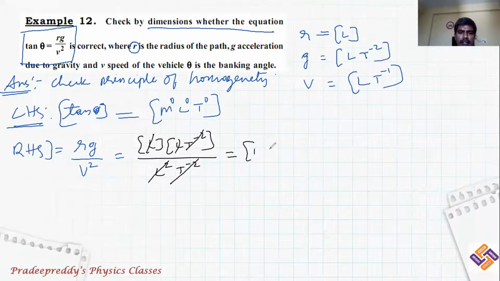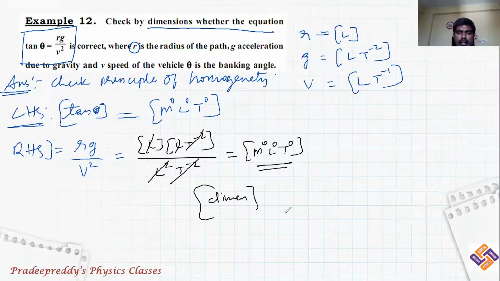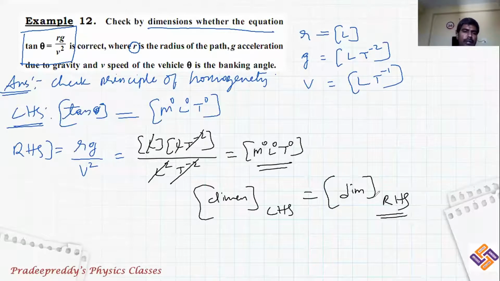This finally gives M power 0, L power 0, T power 0. So the dimensions on the left hand side are equal to the dimensions on the right hand side. Right? That is the reason why this equation is dimensionally correct.